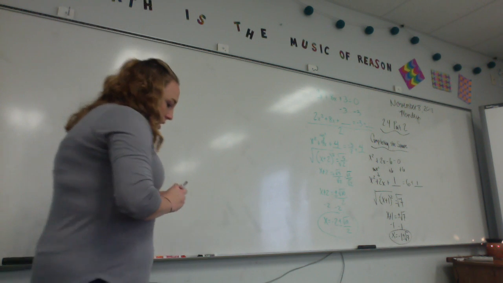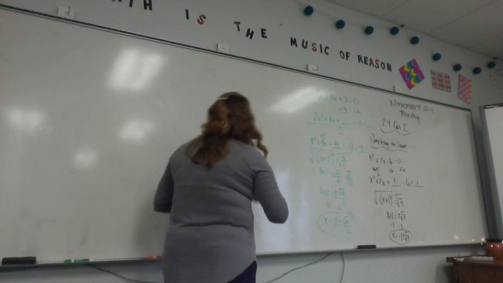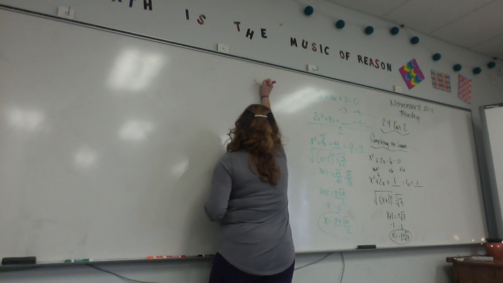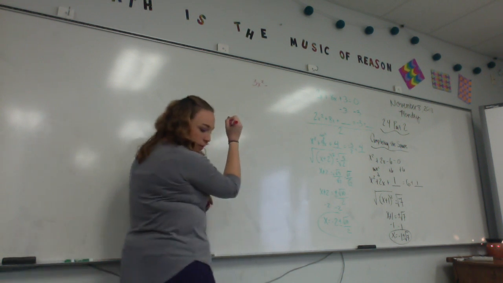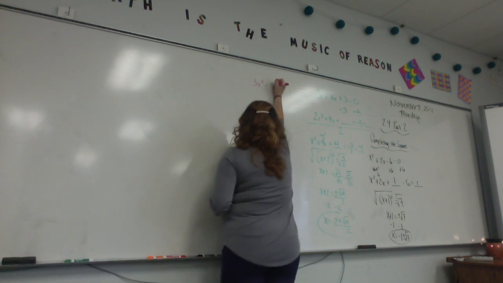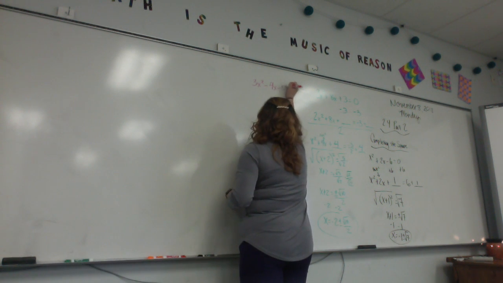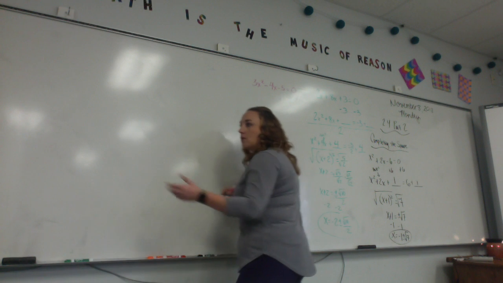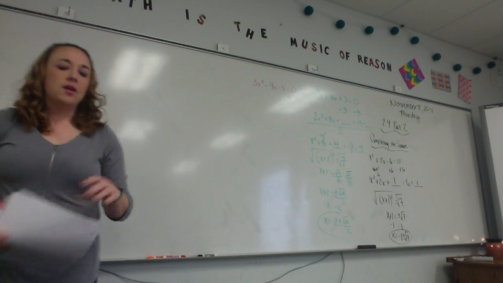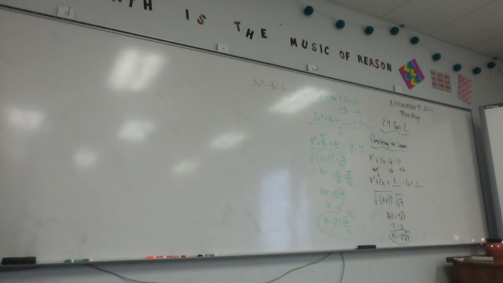Okay, how about if we have 3x squared minus 4x minus 5 equals 0? Is that factorable?